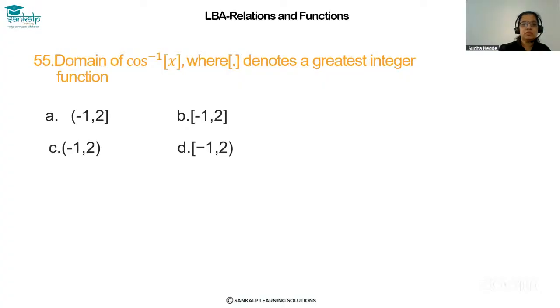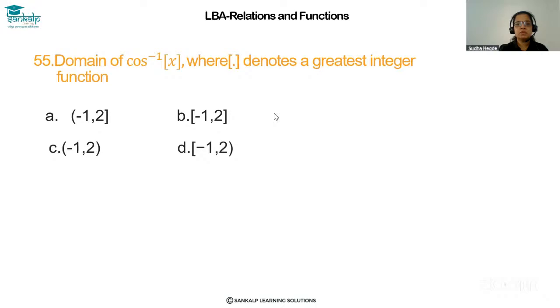The options are: option A, open -1 closed 2; option B, closed interval -1 to 2; option C, open interval -1 to 2; option D, closed -1 open 2.